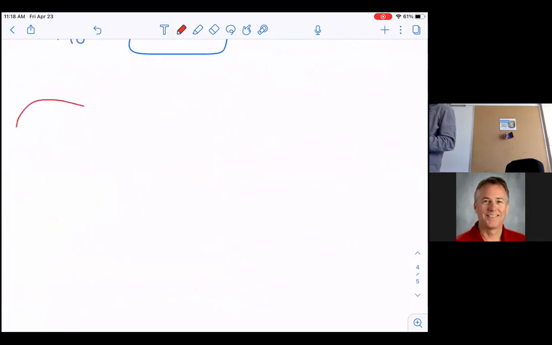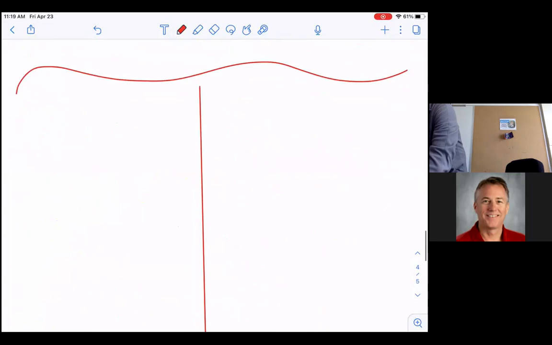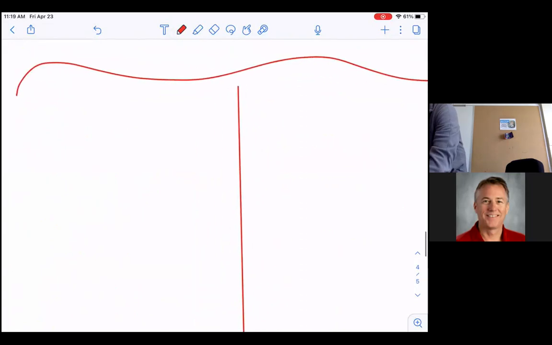For the first one, I'm going to take this and split it in half. You guys would do that. I'm just going to draw a line right down the middle of my notes here, if I can get a straight line. On the left side, I'm going to do arithmetic.